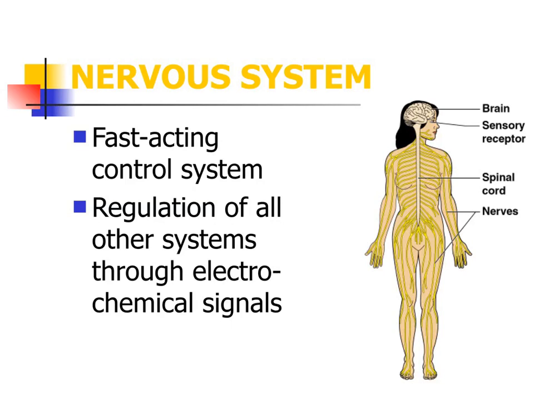This system is called a control system because it regulates pretty much all the other systems, and it does so through an electrochemical signal, kind of like how electricity travels through wires. Organs that belong in the nervous system are the brain, sensory receptors, the spinal cord, and various nerves.